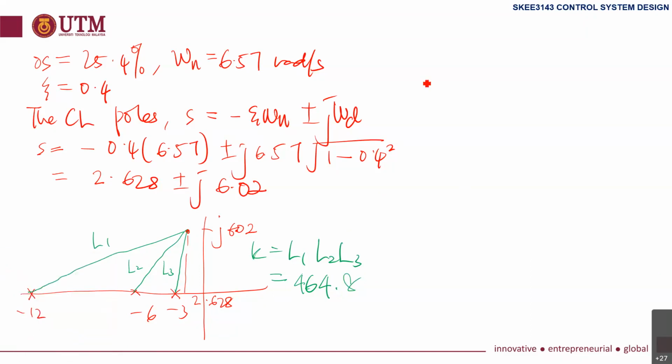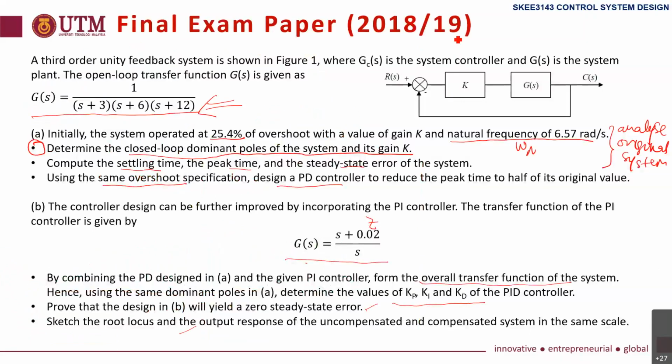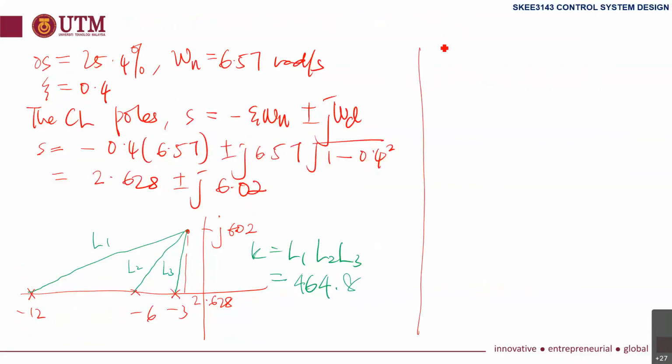Then we can analyze the system, find settling time, peak time, and error. Settling time is 4 over zeta omega n, which is 4 over 2.628.